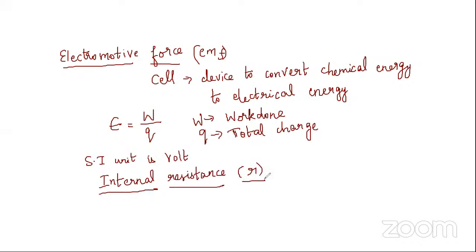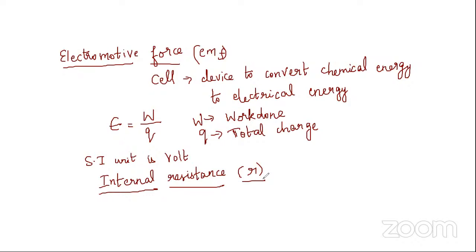Why we are using the small letter r is that many of the times we use the term external resistance. For the external resistance, we use the capital letter R. So for denoting the internal resistance, we have to use a different notation. For that, we are using the small letter r.